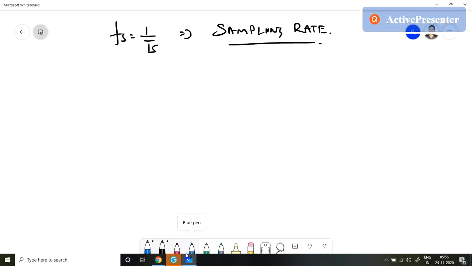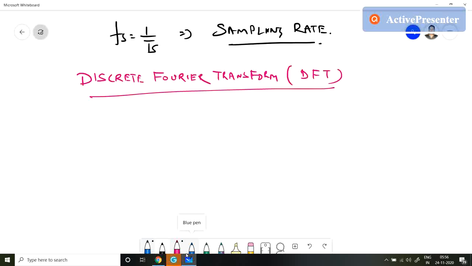So let us discuss another very important term, that is called the discrete Fourier transform, the DFT.